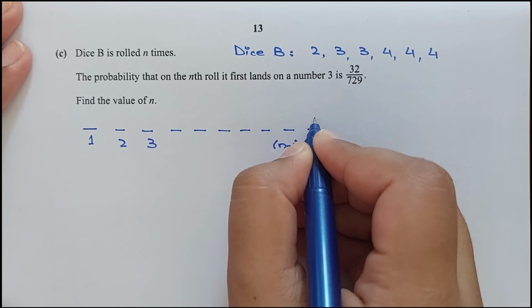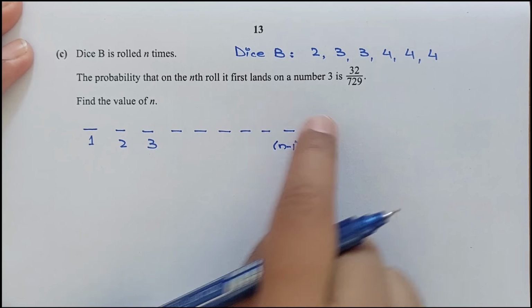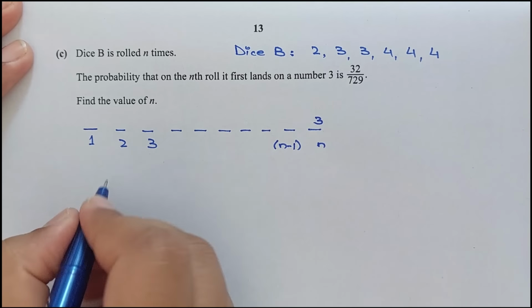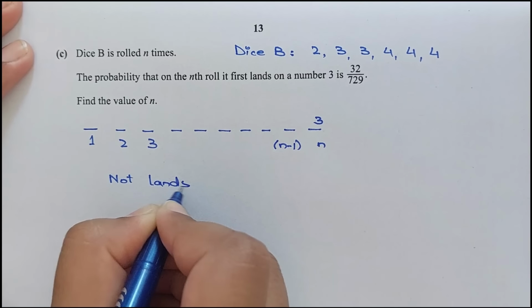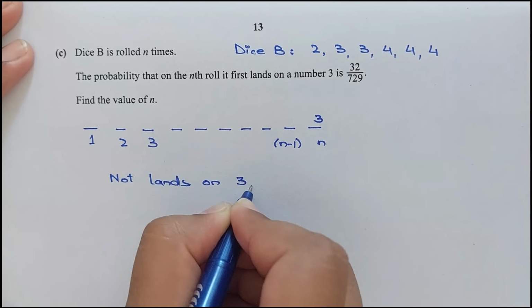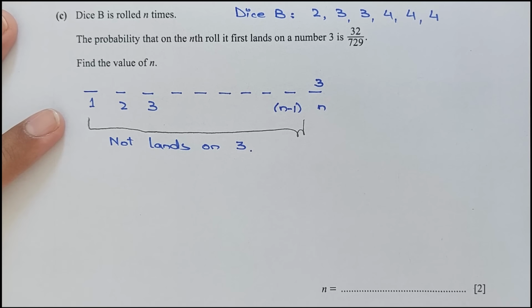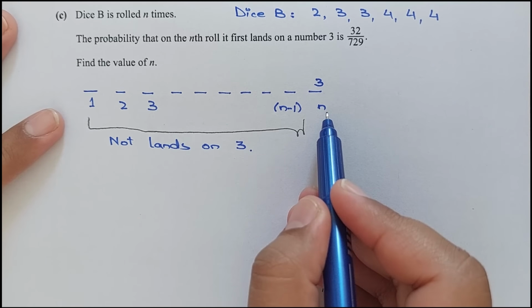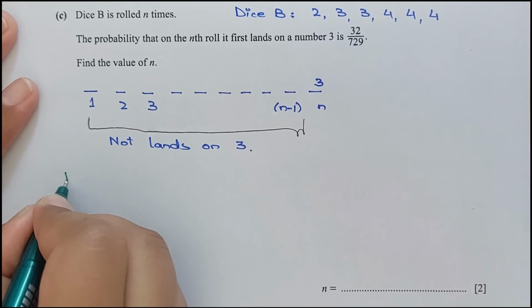On the nth roll it is landing on number 3, and the rest of the rolls, from 1 to n minus 1, are not landing on number 3. Now we have to find the probability of 3.